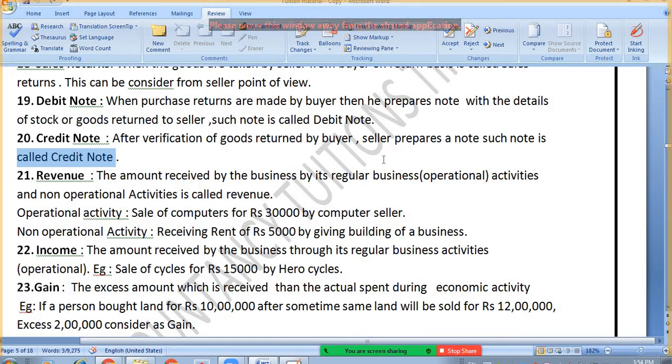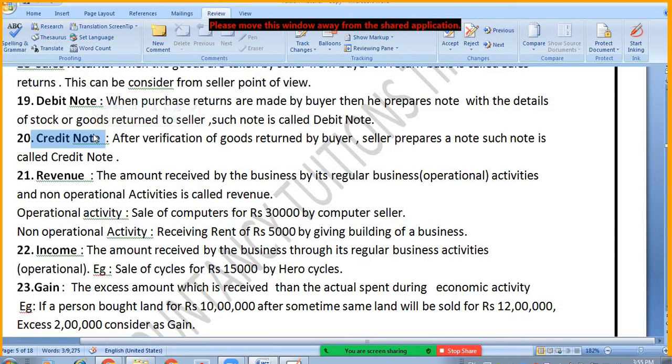Based on that verification, he gives a confirmation note to the buyer. Such a note is considered a credit note.